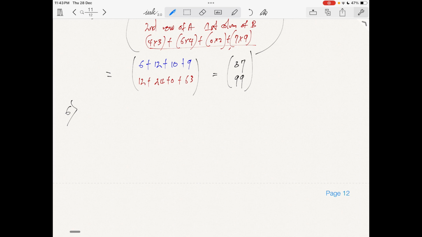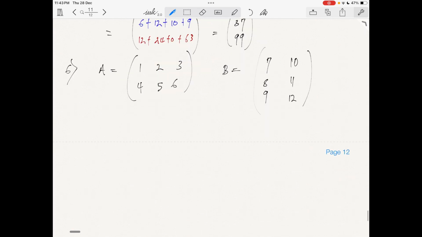We are given matrix A to be equal to 1, 2, 3, 4, 5, 6, and we want matrix B to be equal to 7, 8, 9, 10, 11, 12. Now the first thing we want to evaluate is AB, or A multiplied by B, and the second is BA.